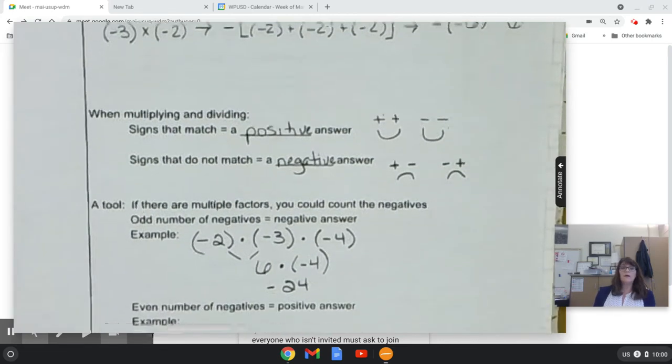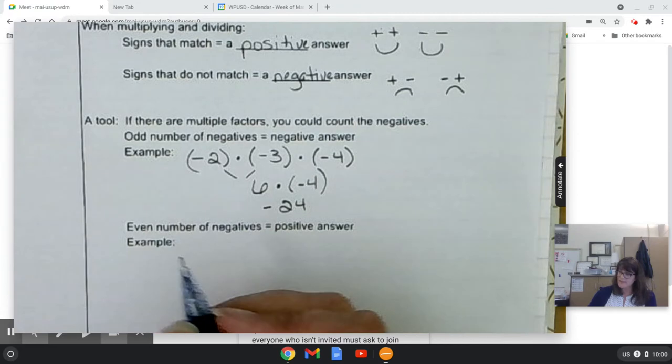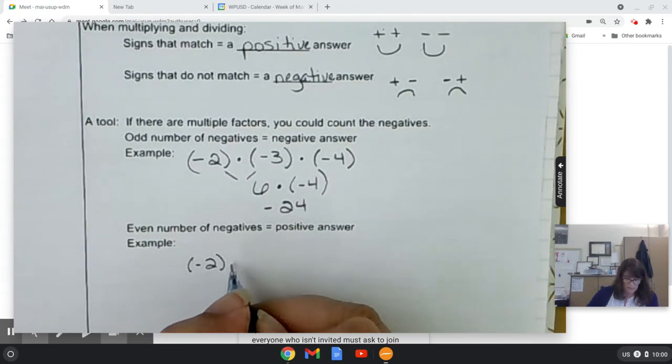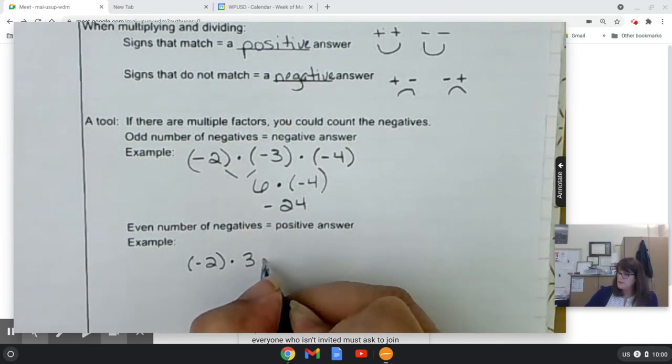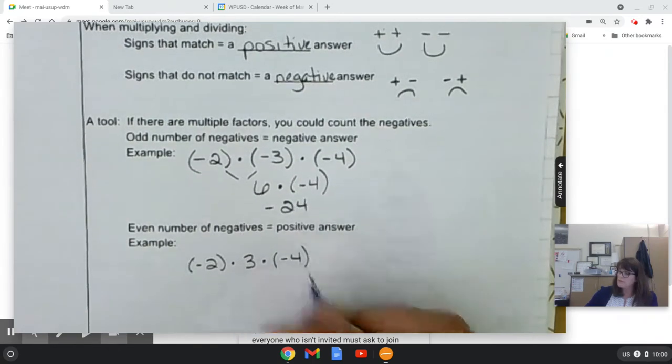Okay. Now, what if you have an even number of negatives? For example, -2 times 3 times -4.